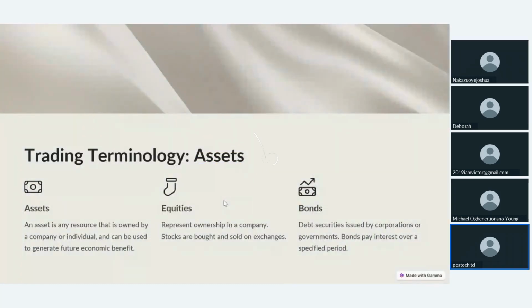Then we have trading terms, right? Terminologies. So now, when it comes to terminology, when we were in school, in our department, we could literally gossip about someone without the person knowing. Joshua will understand.